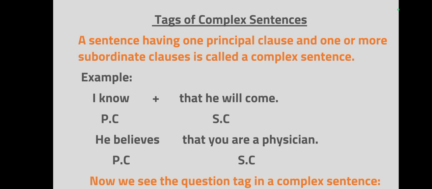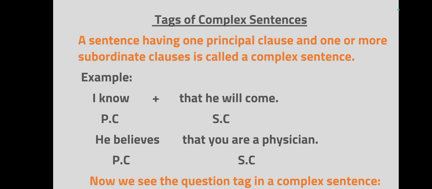And this is called a subordinate clause because the second part, that he will come, depends on the first part for its complete meaning. Now, the second example is: he believes that you are a physician.